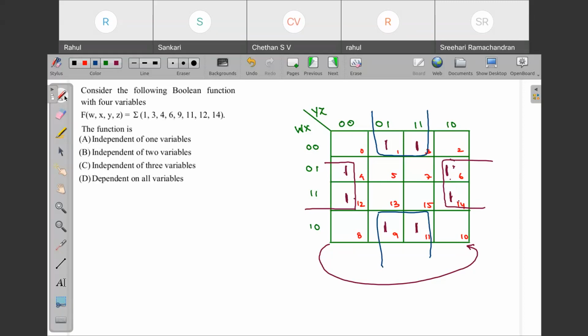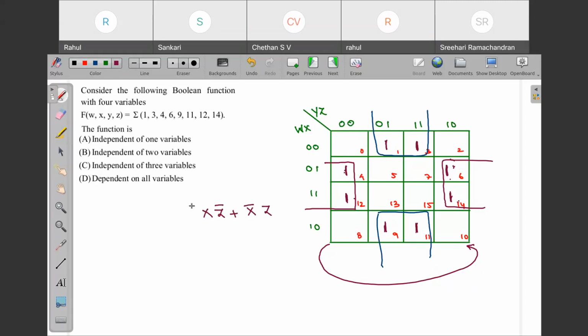Now if you write the SOP expression for this one, here you can see x equal to 1 is common. So x, and in yz what is common? Z bar is common. So x z bar plus, over in this group, out of wx what is common? Again x complement is common in these two. And over here what we have common? Z equal to 1.